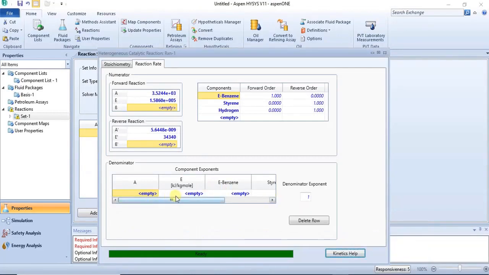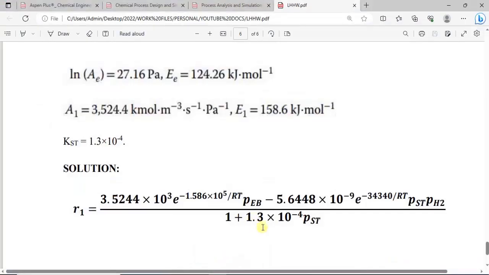So here you specify the A value, you specify the activation energy, then you specify the exponents, right? The component exponents, right? So in this case, the expression we have, this right here does not have an activation energy value. So this value 1.3 times 10 raised to the power minus 4 is equivalent to A, right?